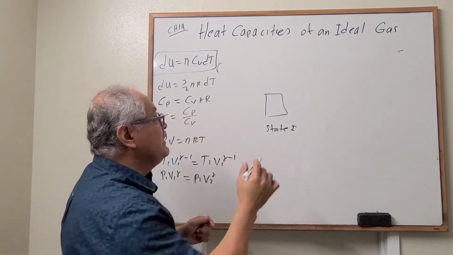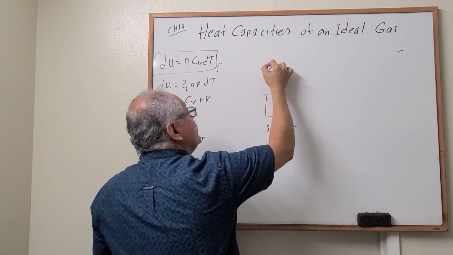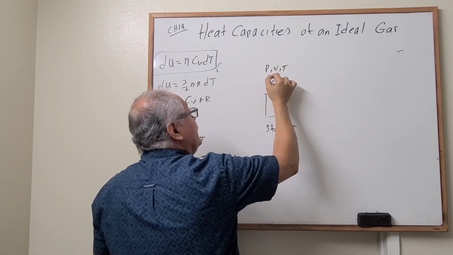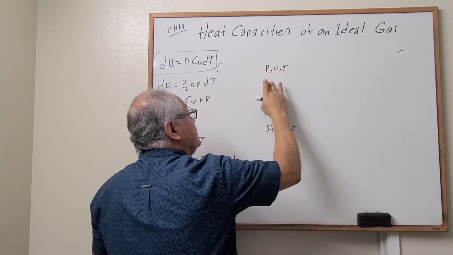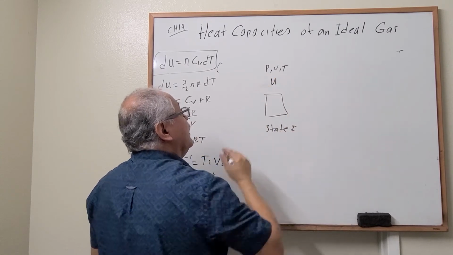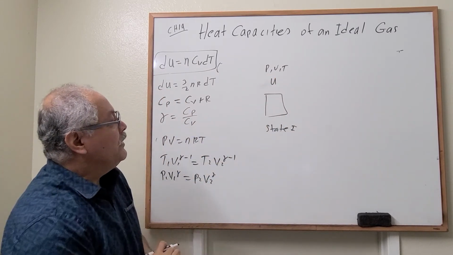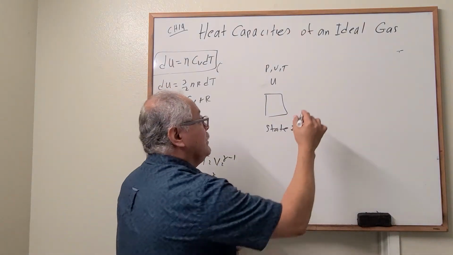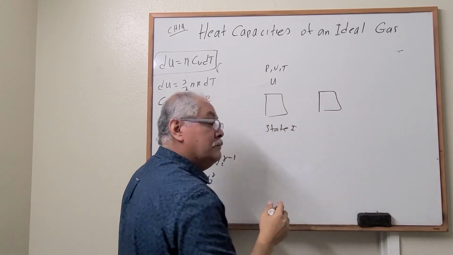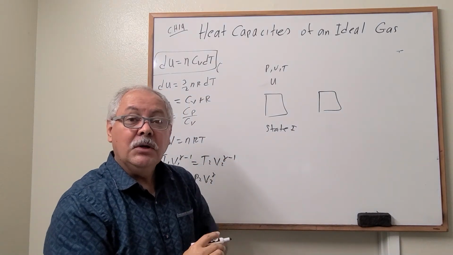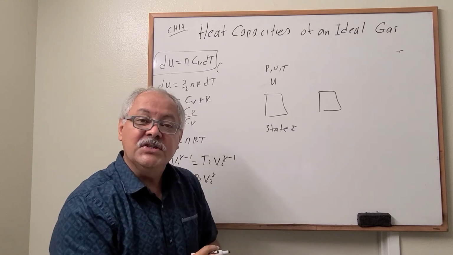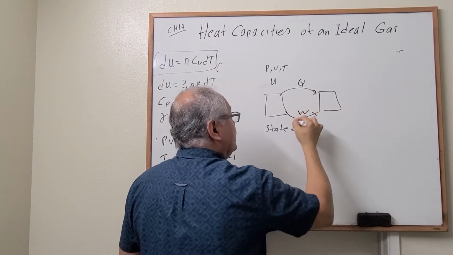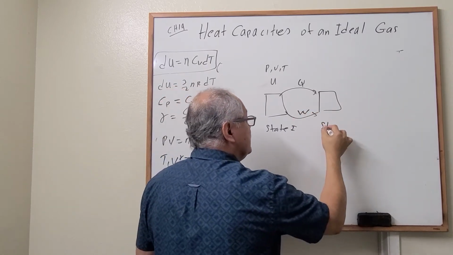It's specified by pressure, volume, temperature, and change in internal energy. Now to change from this state to another state, we have to do work or use heat. Or we can have expansion or compression using an adiabatic process too. So from here to here, we use heat or work to go to state 2.